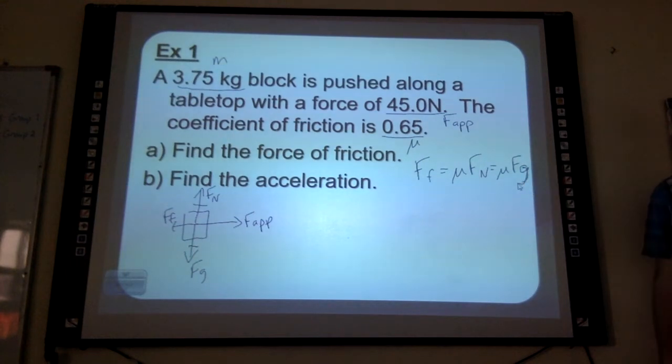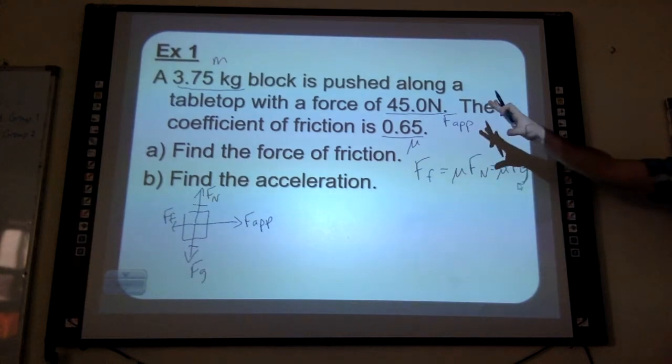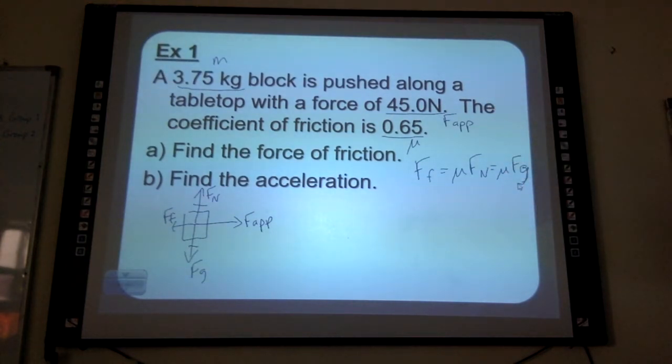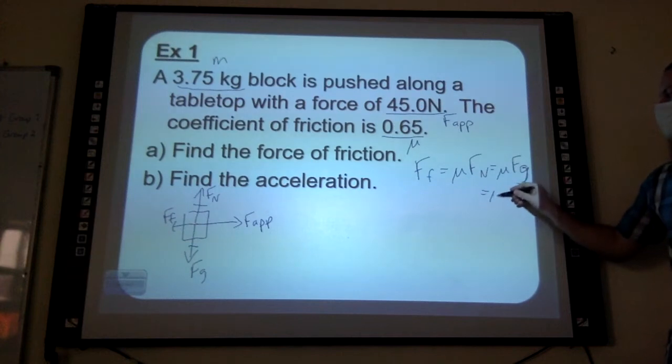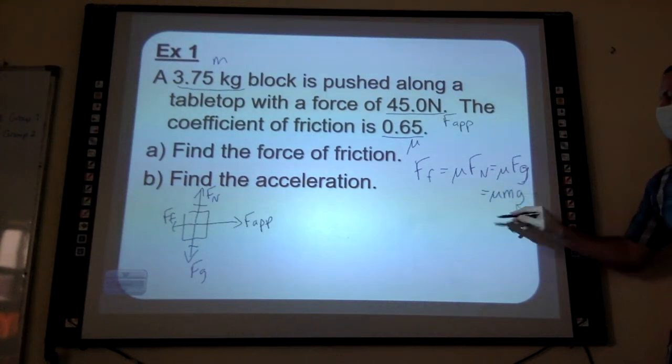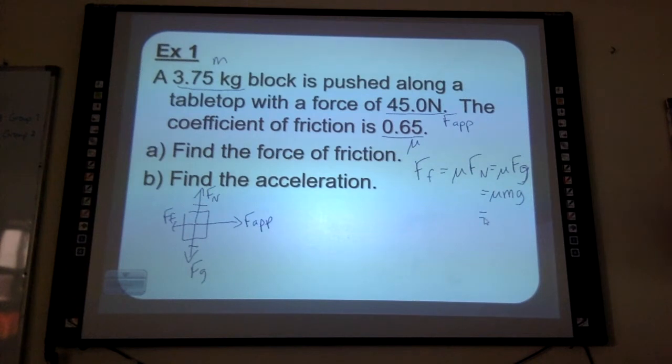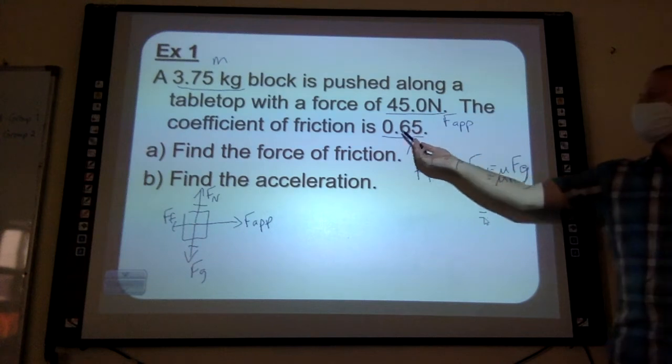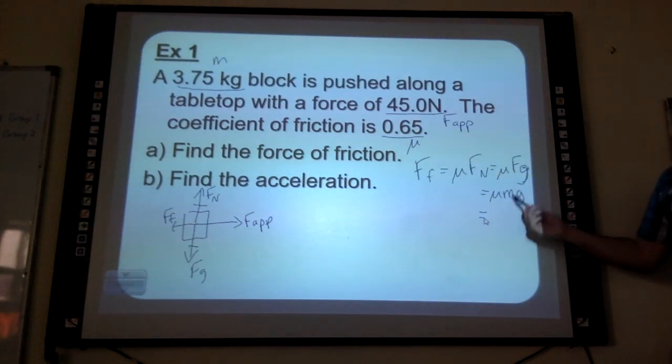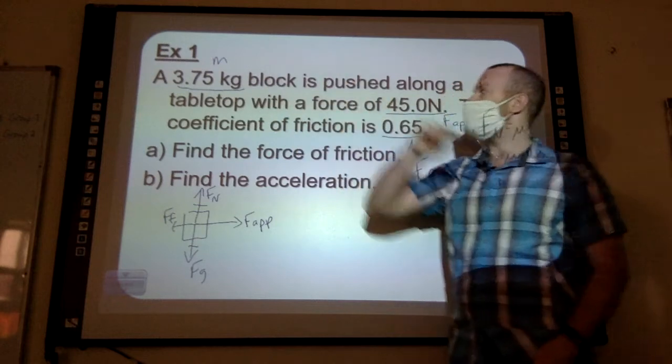What does Fg equal? Mass times the acceleration due to gravity. Because we're on the surface of the Earth, let's just assume g is 9.8. You don't need to do this as capital G, capital M times m over r squared, because we're on the surface of the Earth. So this is just mu mg. Now we have all these numbers. We can calculate this. We have mu, 0.65. We've got m is 3.75.